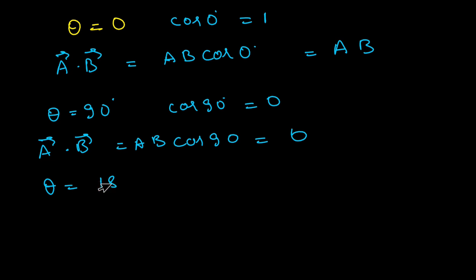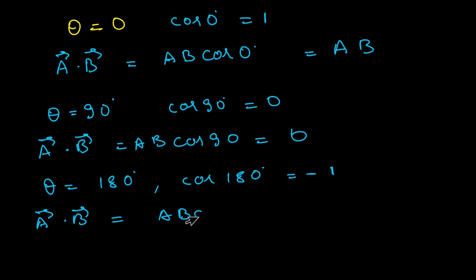And when the angle is 180, then cos 180 is minus 1. So A dot B is equal to AB cos 180, which is equal to minus AB. Here theta is the smaller angle between vectors A and B.